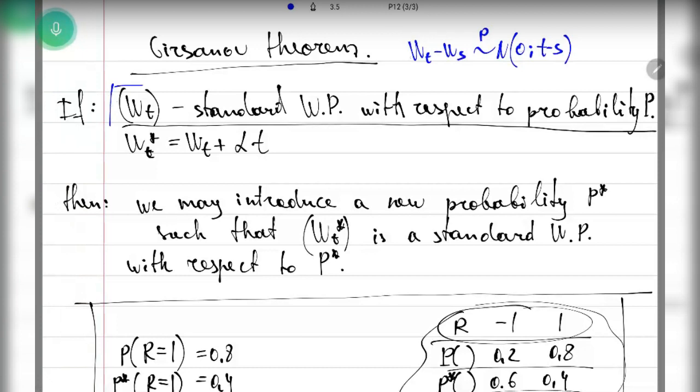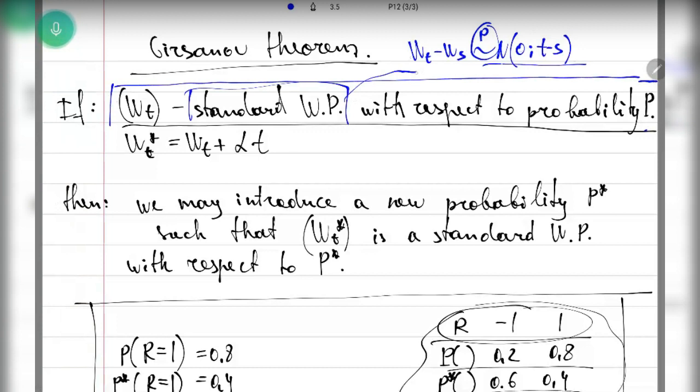So what does it mean? A standard Wiener process with respect to probability P means that when you calculate the distribution using probability P, you will observe a normal distribution with mean 0 and variance T minus S. That's the assumption of a standard Wiener process. That's clear? Okay.